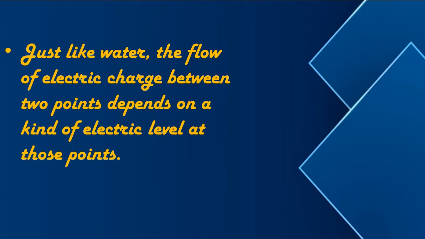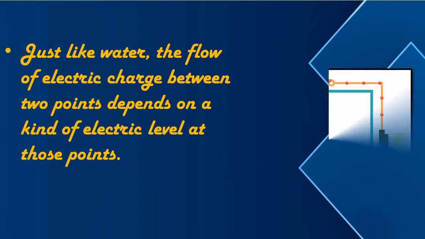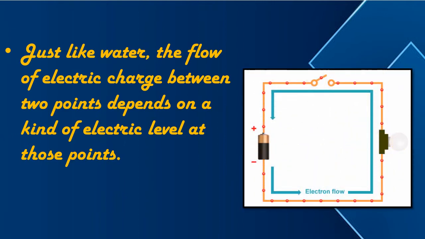Just like water, the flow of an electric charge between two points depends on a kind of electric level at those points. In the previous slide we saw that water starts flowing after removing the clamp, from a level of higher concentration to lower concentration.